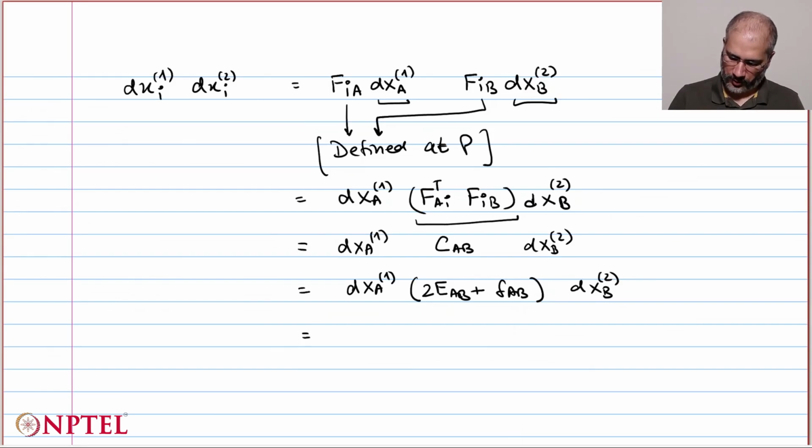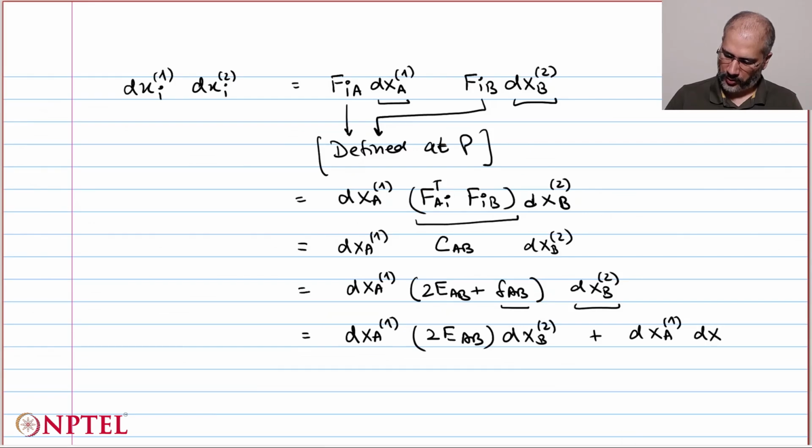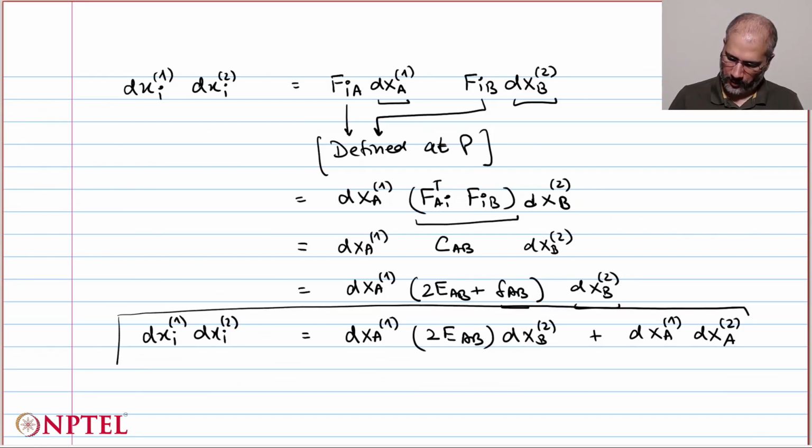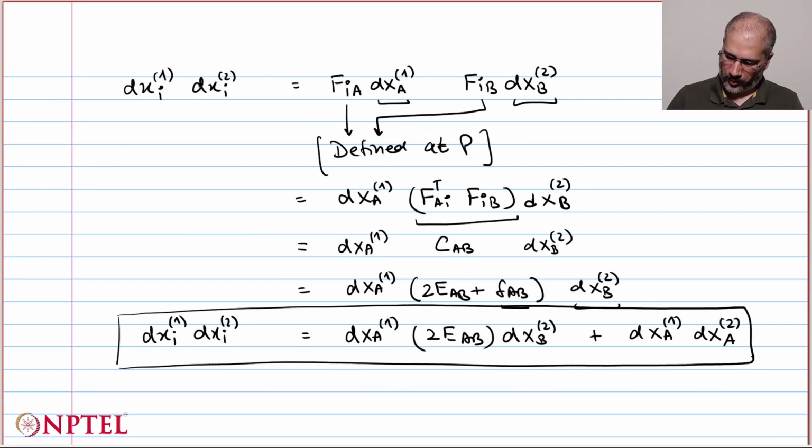And when we expand this, this becomes dX1_A times twice E_AB times dX2_B plus dX1_A, and this delta_AB times dX2_B becomes dX2_A, and this is nothing but dx_i1 and dx_i2. So that's a dot between d small x1 vector and d small x2 vector. So this we'll box, and we'll call this 3.